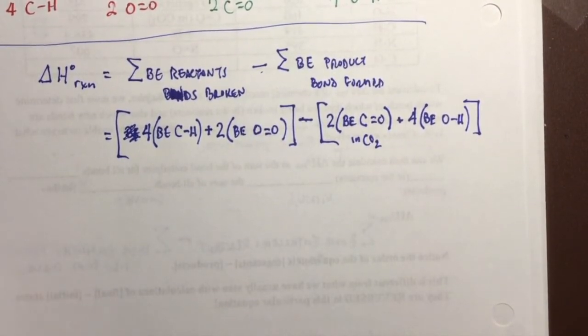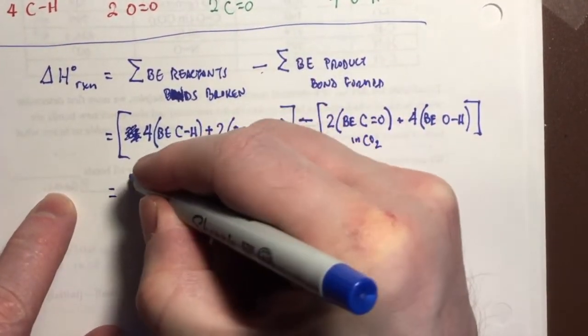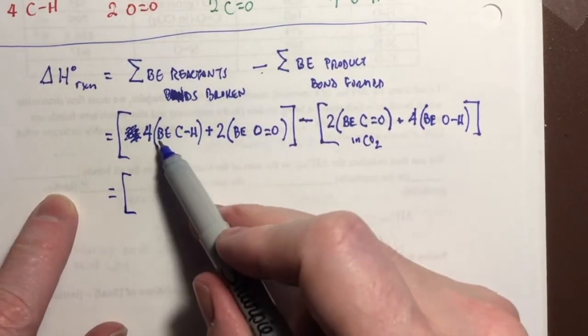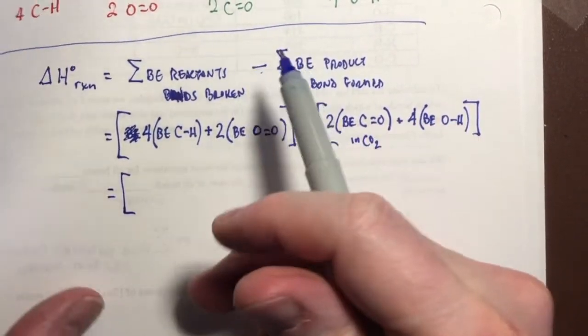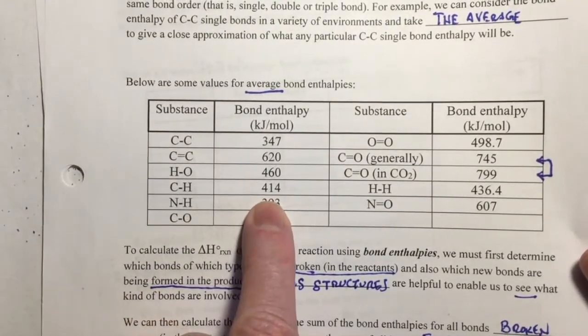All right, resuming the video, we're going to start plugging in these values now that we know how to arrange them. So, 4 times the bond enthalpy for a carbon-hydrogen single bond, which is right here, 414 kilojoules per mole.